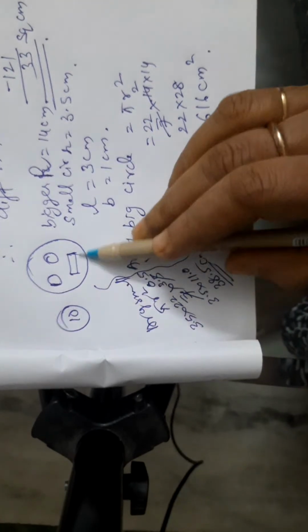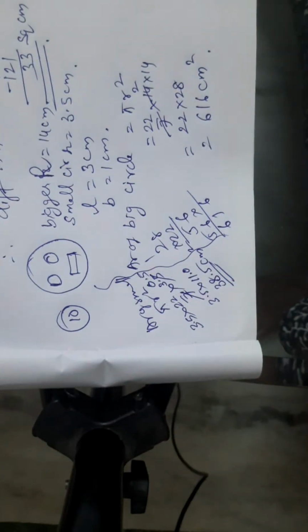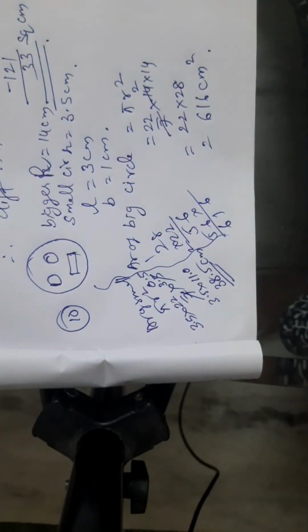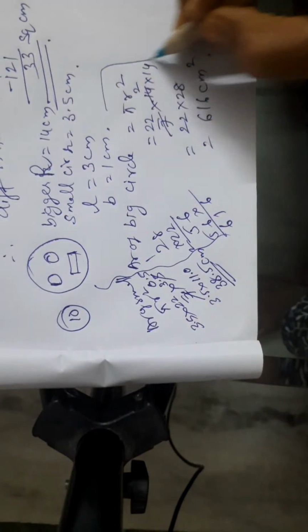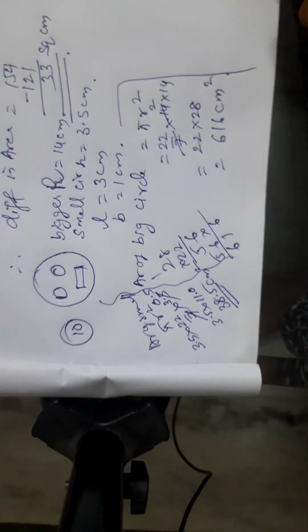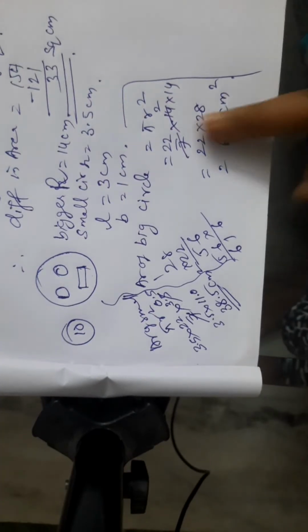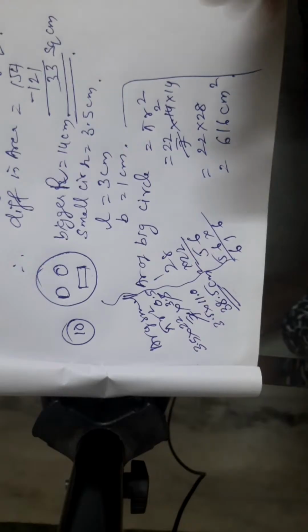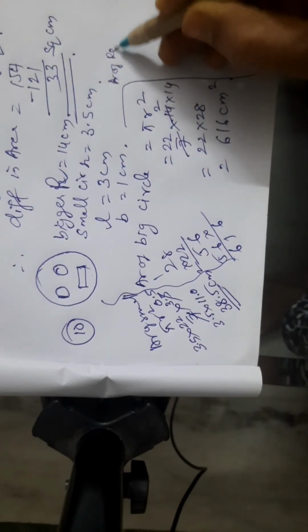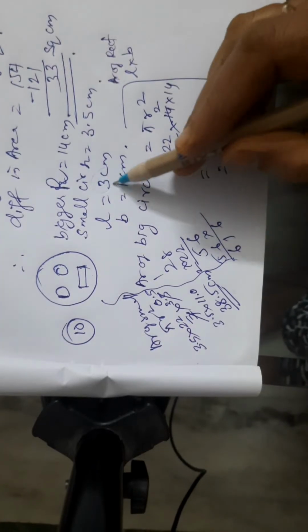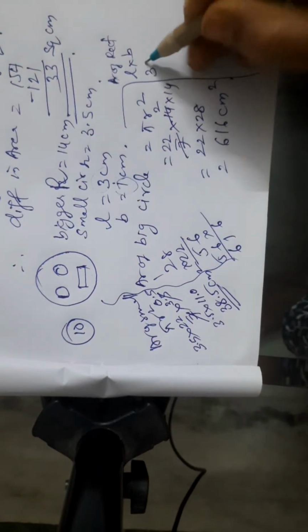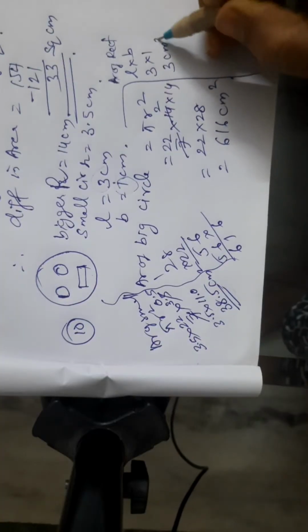Then find out the area of the rectangle. Area of rectangle, its length is given 3, breadth is given 1. I'll try to adjust the sum on the same paper, as if I turn it, the calculation will be a little difficult to note down. Now the area of the rectangle is L multiplied by B. Its length is given 3, breadth is given 1. So it is 3 multiplied by 1, 3 centimeter square.